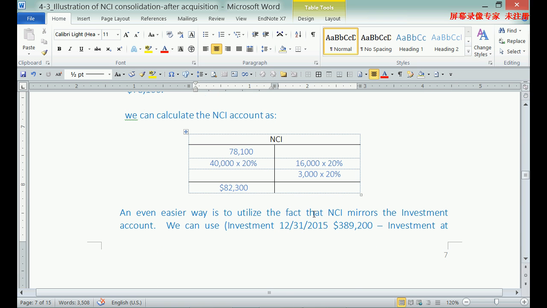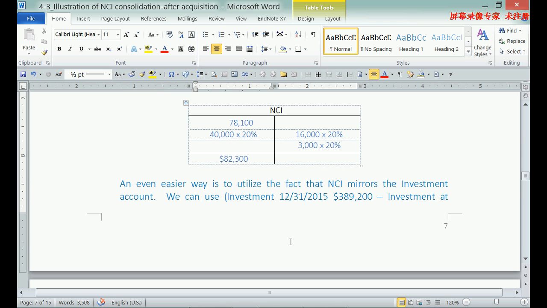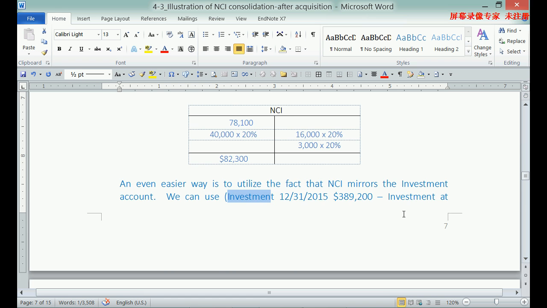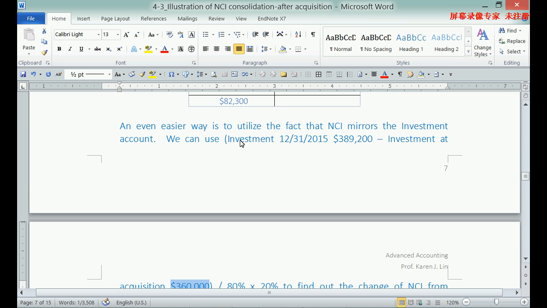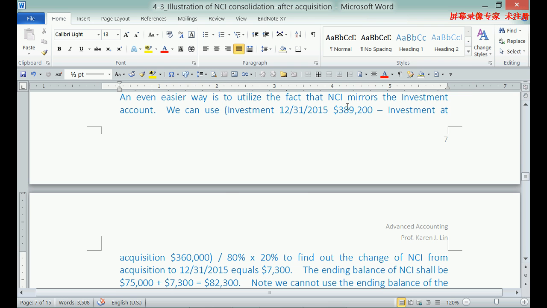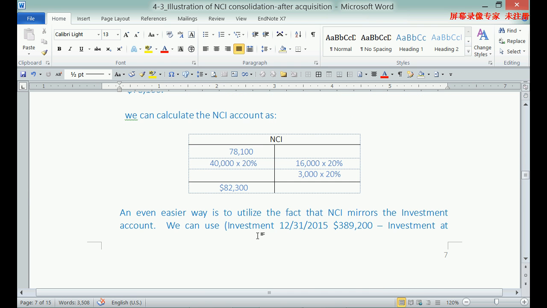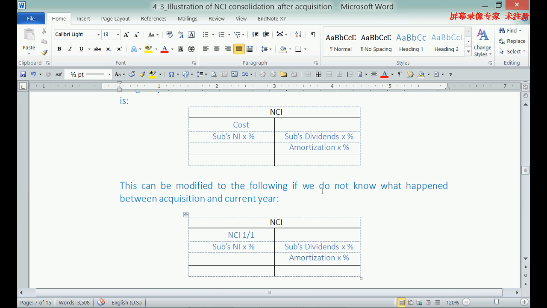But an easier way is just to utilize the fact that the NCI mirrors the investment account. I can use the investment starting from the beginning of the transaction, the acquisition, 360,000, and at the end of the year it becomes 389,200. So I take the difference between the two. This is the change over all the past years of the investment account.